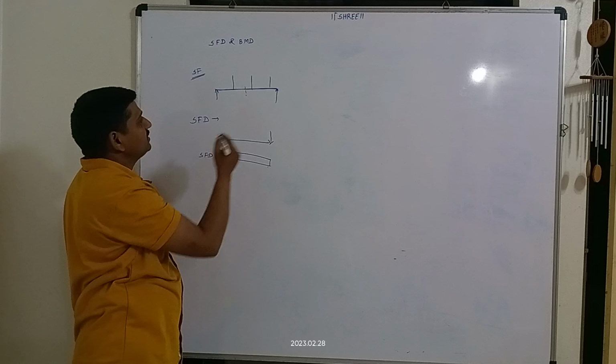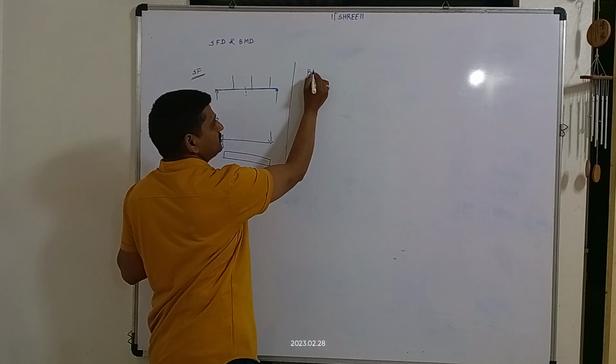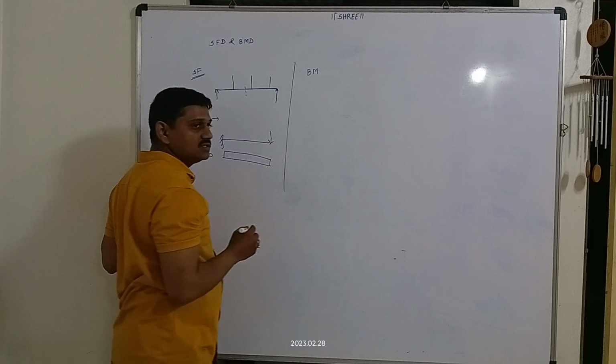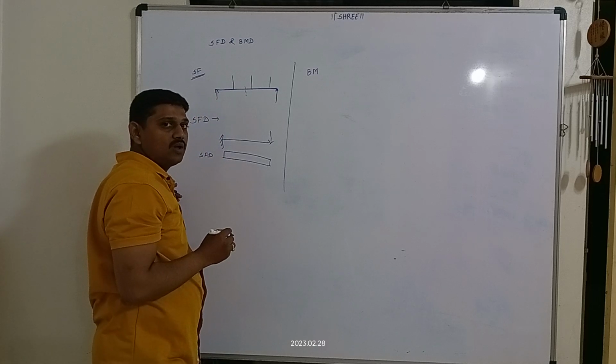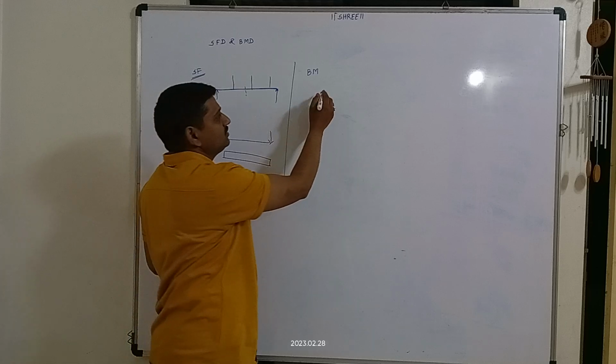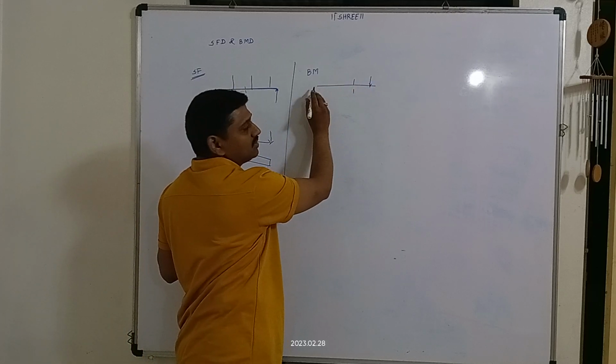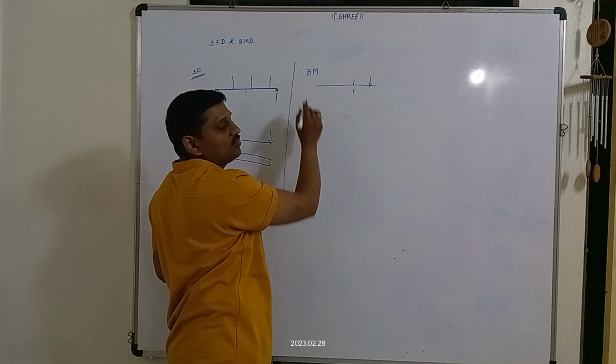Okay. Next point is bending moment. Bending moment is nothing but the algebraic sum of all the moments to the right of the section or to the left of the section. That is called as bending moment.